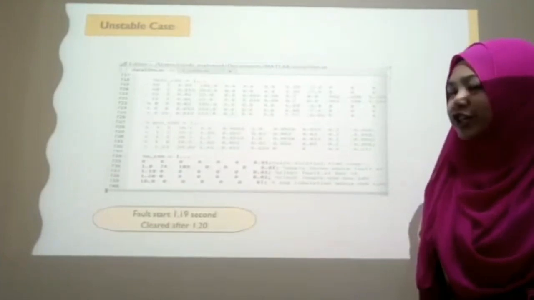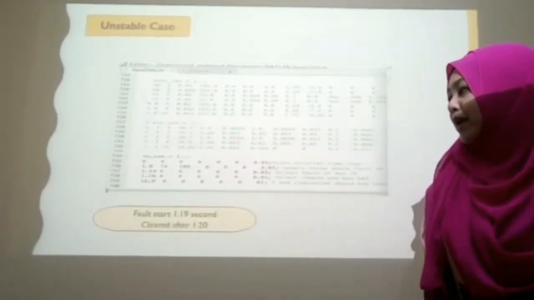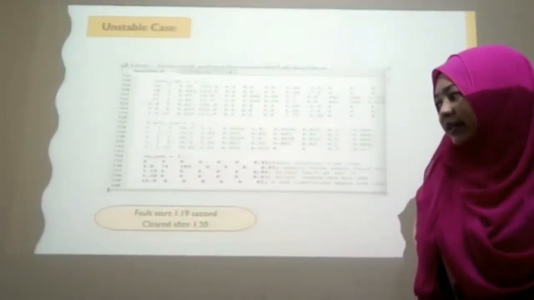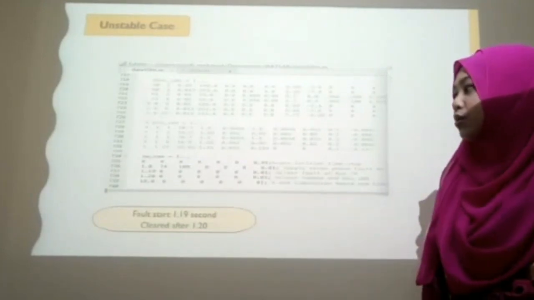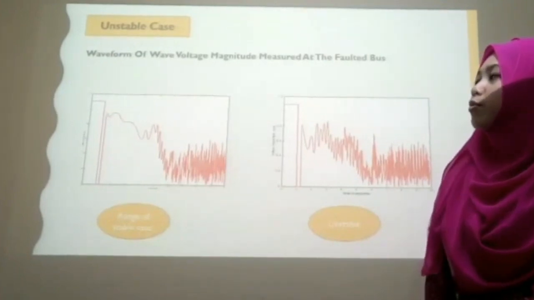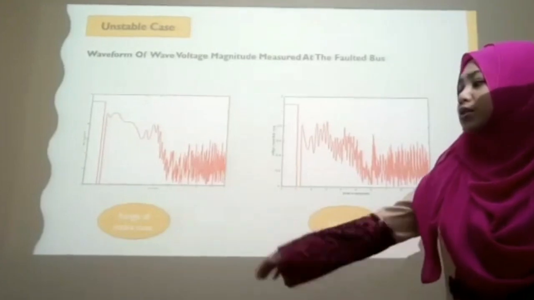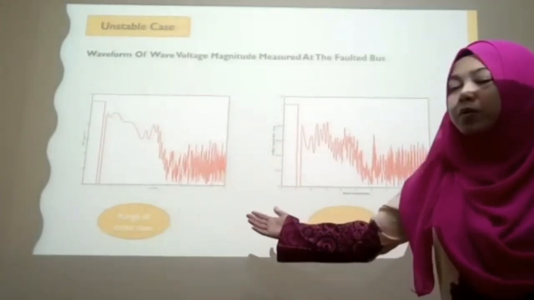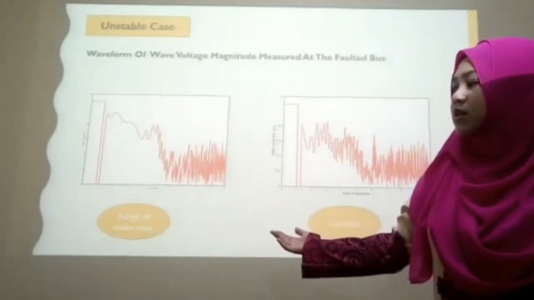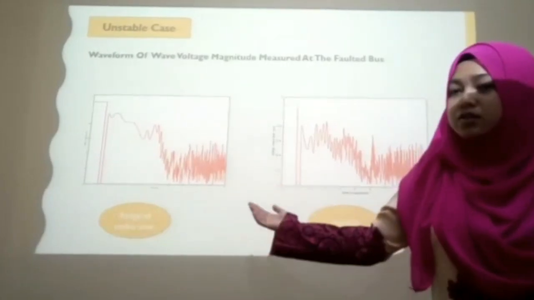For the last condition, the unstable case, we apply the fault starting at 1.19 second and clear after 1.20 second. So this is the waveform of the voltage magnitude measured at the voltage bus. Okay, this is the range of the stable case at 1.19 second to 1.20 second, where we can see it has distortion in the sinusoidal shape.